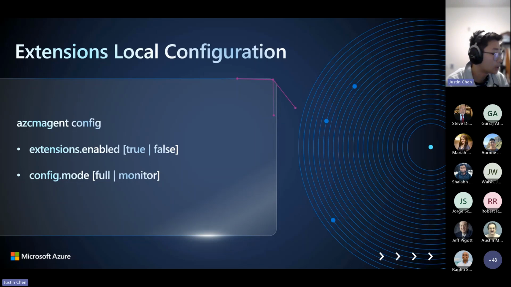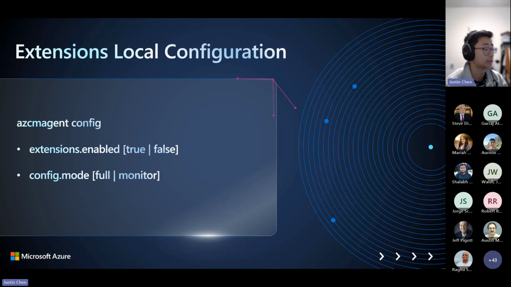Whereas monitor puts your configuration of the agent into a more lockdown scenario where we have a preset list of properties that your machine is put under. There's a preset list of extensions that we allow. Most of them are related to security and monitoring.